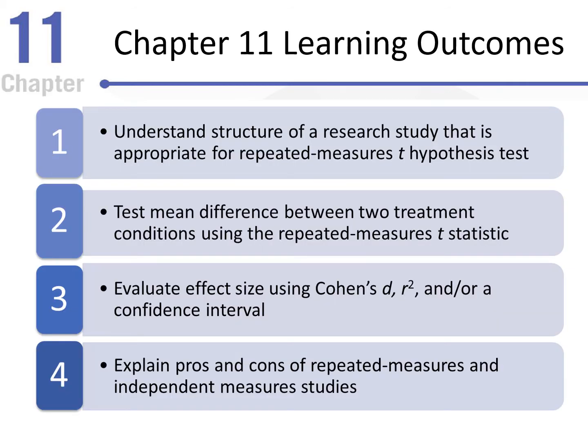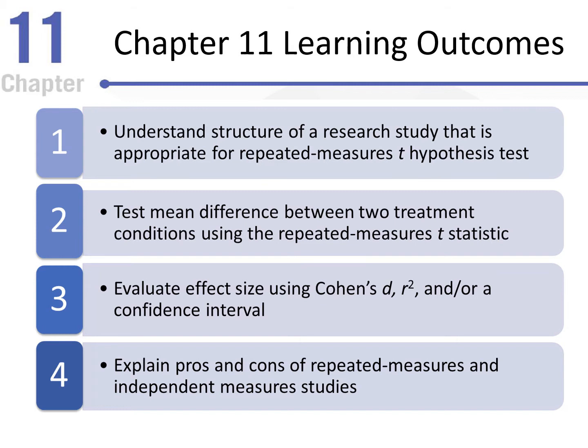So some of the learning outcomes for this week's chapter include the structure of a research study that is appropriate for repeated measures t-test. So when do I use the repeated measures t-test versus when do I use independent groups t-test, and how do I report it in the research? To actually compute the mean difference between those two conditions, usually before and after, in the repeated measures t-test.